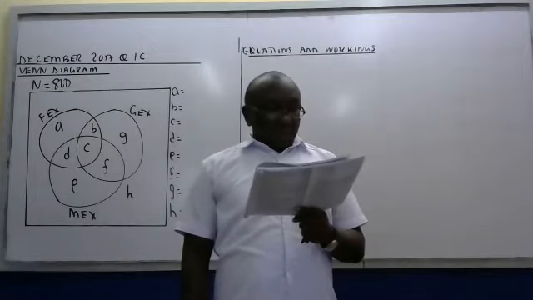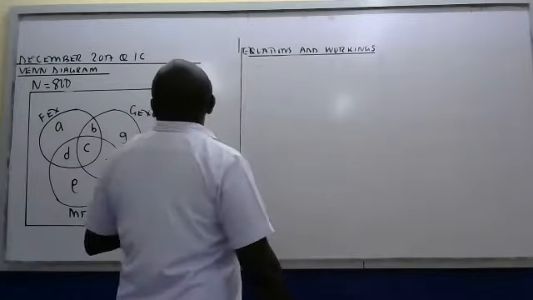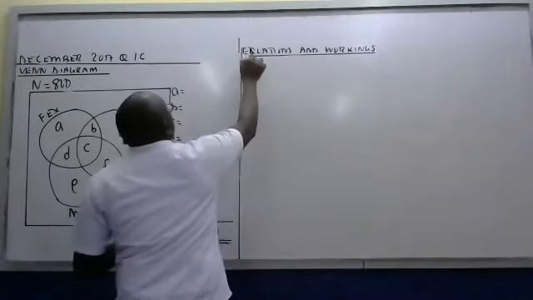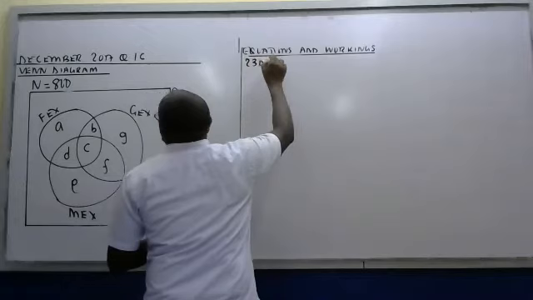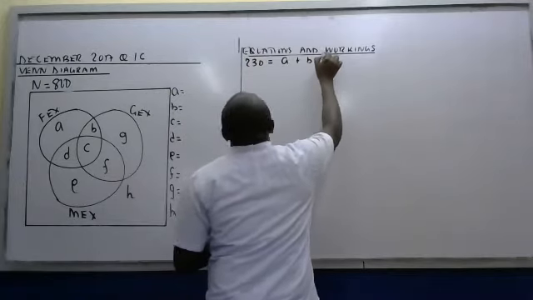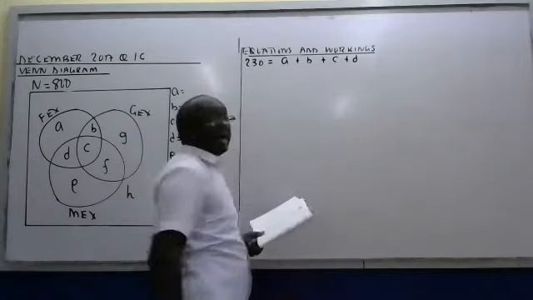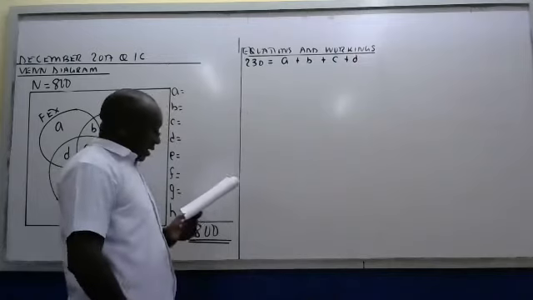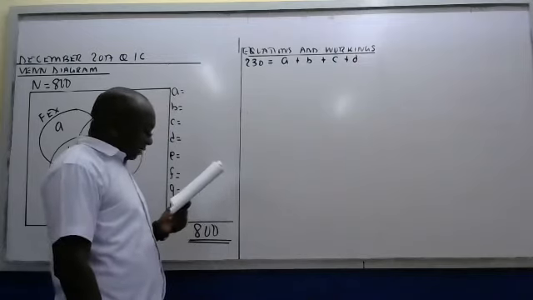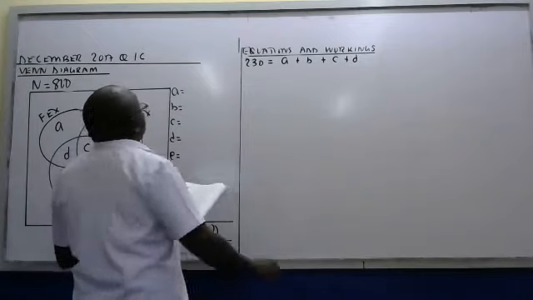Then we are told 230 households preferred facts. So 230 is facts. That is A plus B plus C plus D. That is 230. 245 preferred jets.